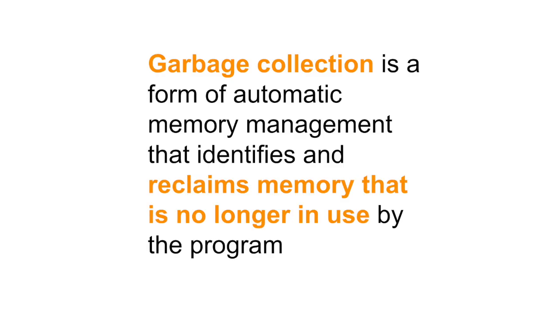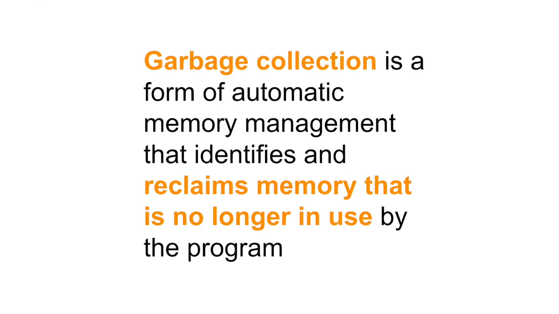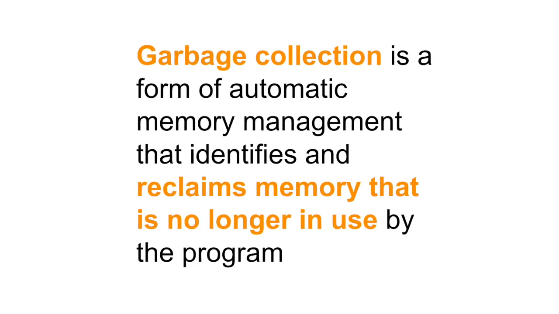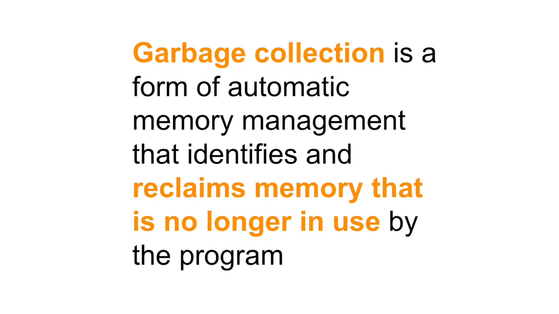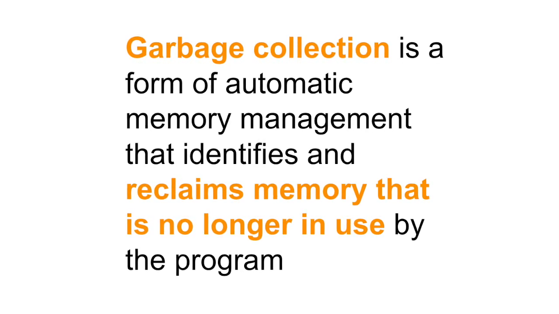So this memory allocation and deallocation in most traditional languages is done automatically by a mechanism called the garbage collector, right? Garbage collection is essentially a form of automatic memory management that identifies and reclaims memory that's no longer in use by the program.